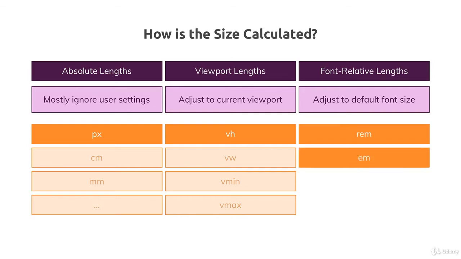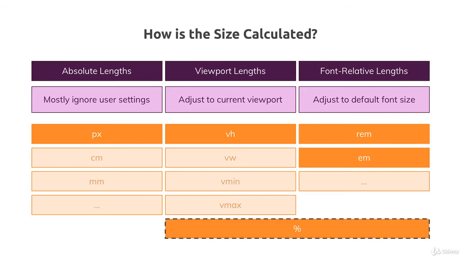We will find out more about this difference. And we also have more units available that adjust to the font size. But as you can see, I didn't even mention them because rem and M are really the units you have to know when it comes to font relative lengths. And with that, there is only one category left. And this category is a category we already know, the percentages.